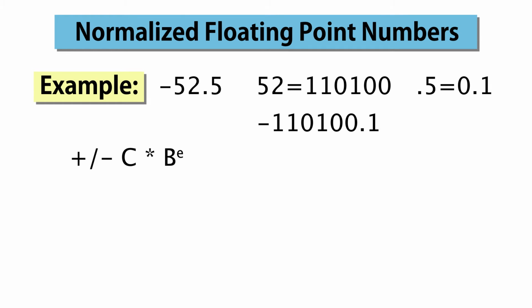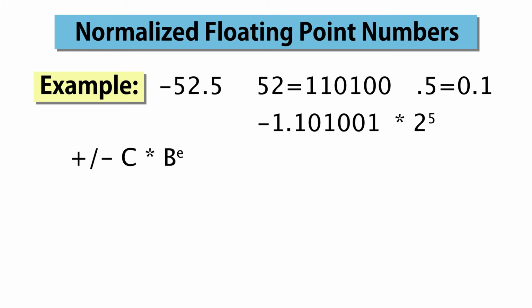Let's put our example binary number into this form. Of course, the sign remains unchanged, but we need to adjust our constant so that there's a single 1 to the left of the binary or radix point. That means moving the binary point left by 5 positions. To compensate, we multiply the result by 2 to the 5th.